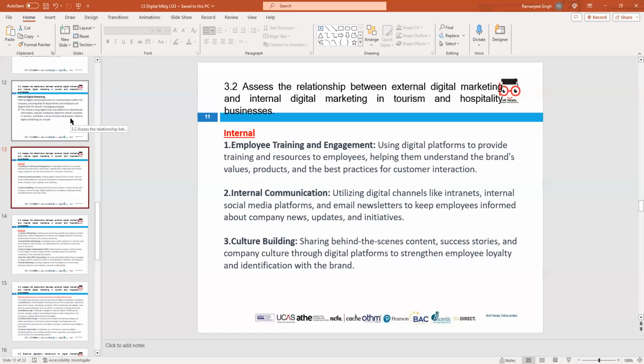Okay, so this is all about the relationship between internal marketing and external. When employees are competent, when they know about their services while working in an organization, then they can transfer this to the outside world. So everybody will be saying the same thing about the company.